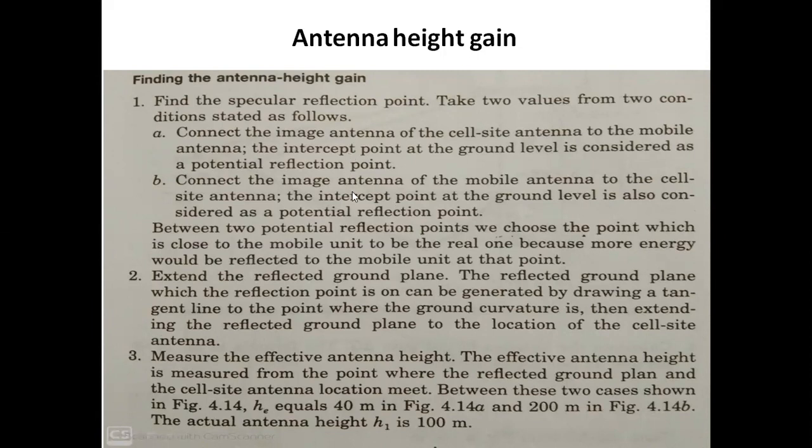So between the two potential reflection points, we choose the point which is closer to the mobile unit, because it is considered to be the real one. More energy would be reflected to the mobile unit at that point.